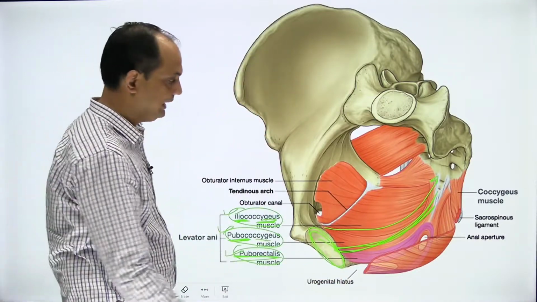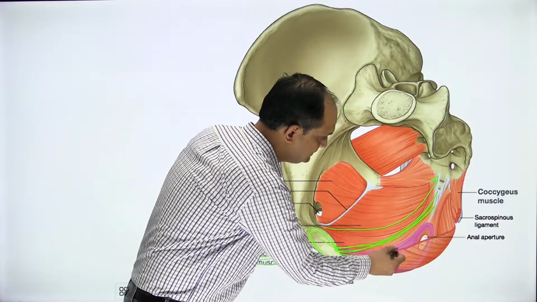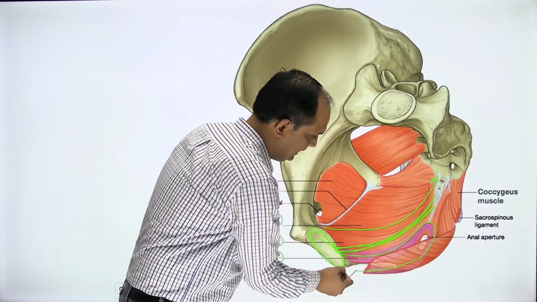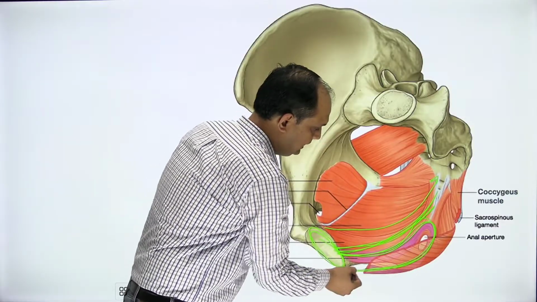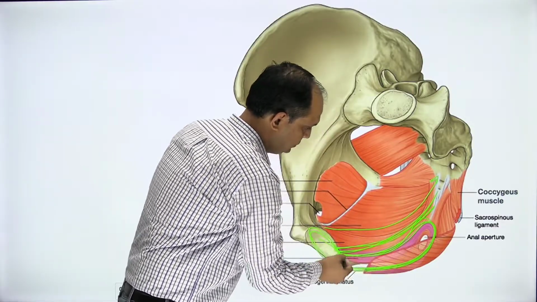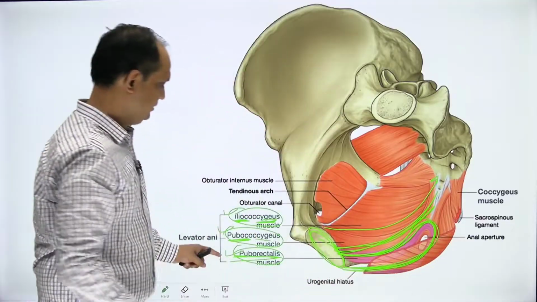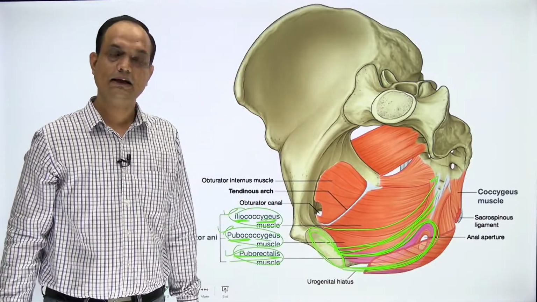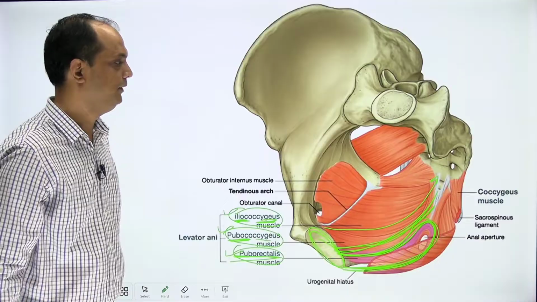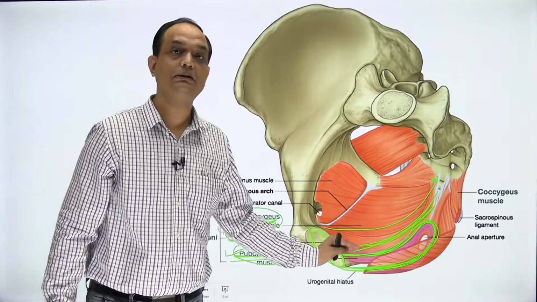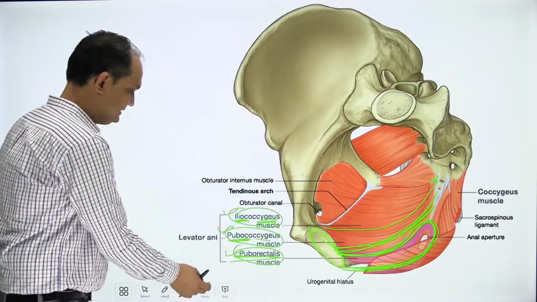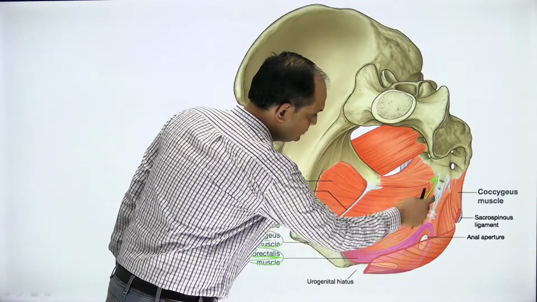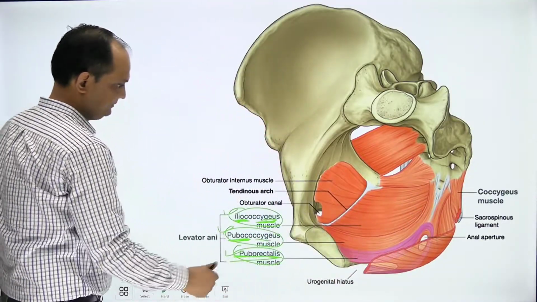Now this puborectalis is enclosing an aperture for the anal canal. Clear? There is one more important thing to understand here: this pelvic diaphragm has a large aperture in its anterior aspect.